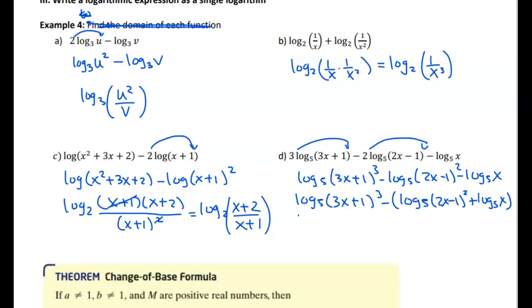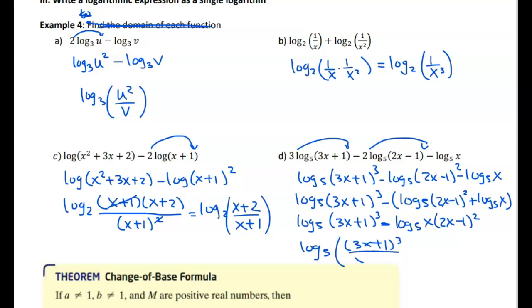The sum we're going to turn into a product. So log base 5 of (3x plus 1) cubed minus log base 5 of x times (2x minus 1) squared. And the subtraction we're going to turn into division. So log base 5 of (3x plus 1) cubed over x(2x minus 1) squared. There we go.